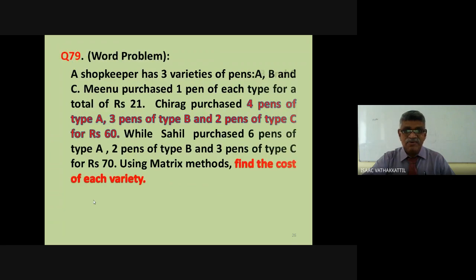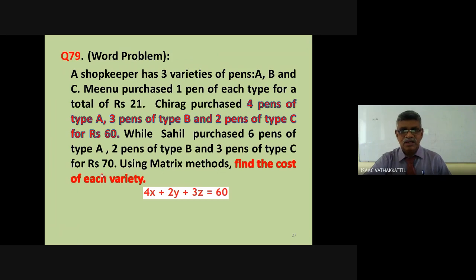Now for the second equation, you read the sentence: 4 pens of type A and 3 pens of type B and 2 pens of type C. What is the cost? It is 60. So what is the equation?